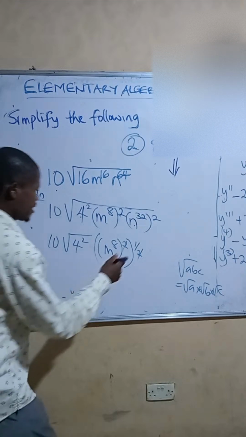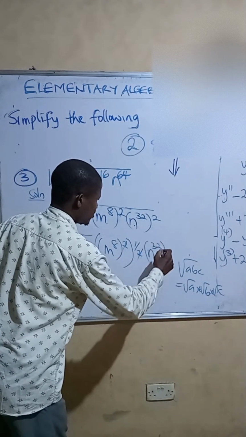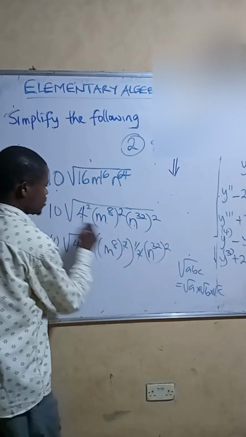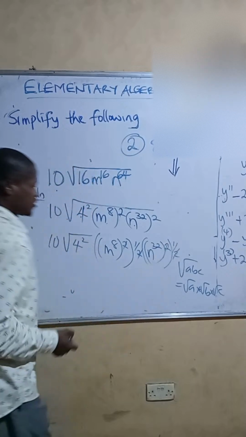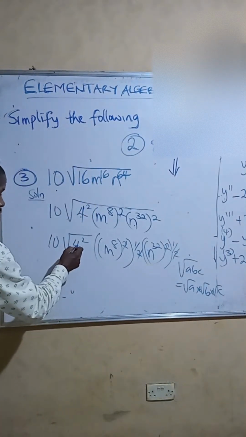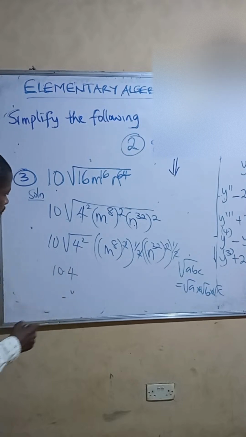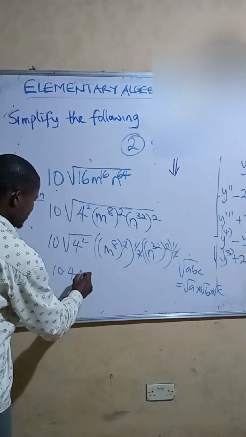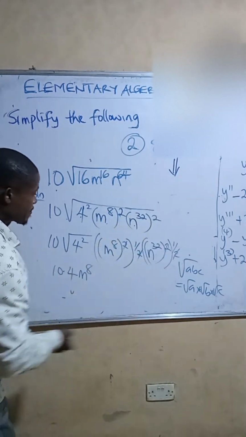So finally, that's n^32 times 2. Then this square root, that's what? That's power half. So this one and this one cancel. So we now have the square root of 4 squared, that's 4. 10 times 4. This one will be what? m^8. Okay, the square root has already disappeared.